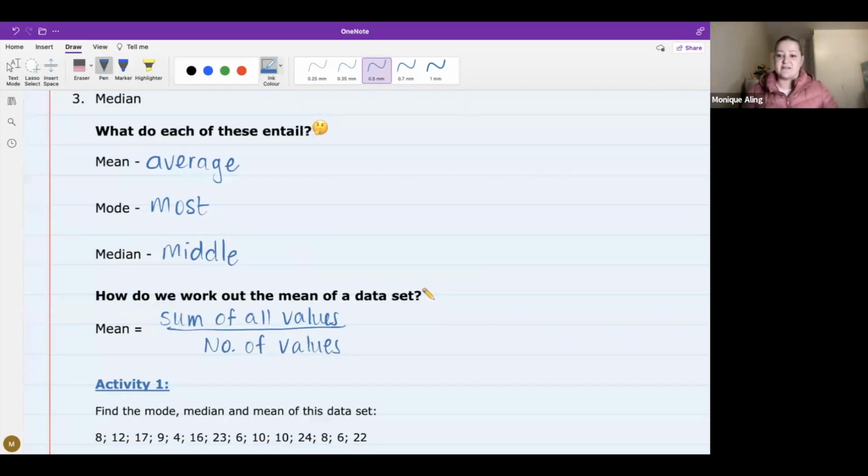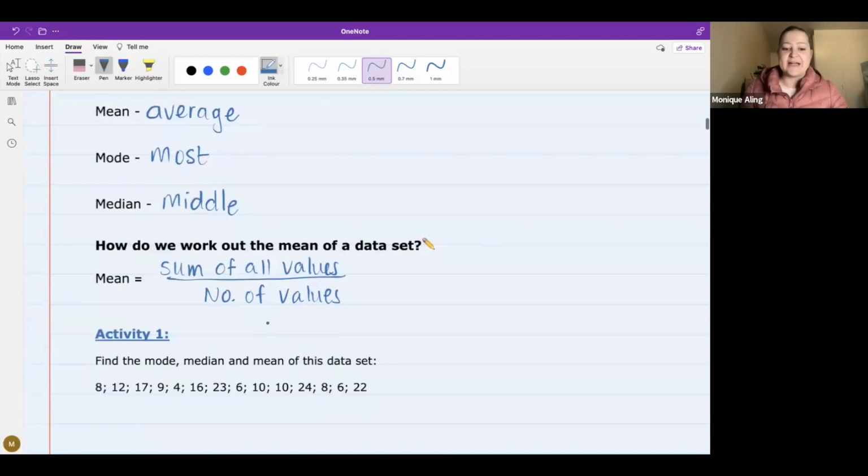So we have 10 numbers, we add them all together and we divide by 10. Okay, so it's still quite a common error for people to get confused between these 3. So please make sure you know it because they are really easy marks when you get it in your exam.